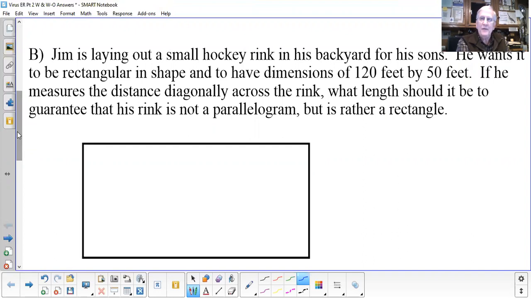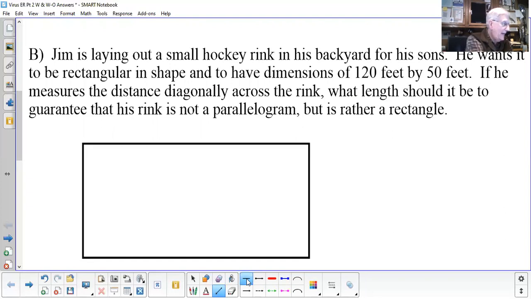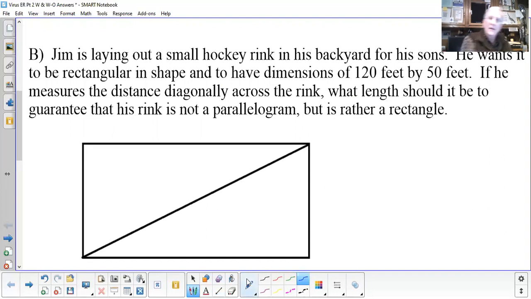Well, to be a rectangle, the corner angles have to be 90s, right? So if we take this rectangle and we draw across this rectangle a line segment from one corner to the other diagonally, like so, what have we formed? We have actually formed two right triangles, right?